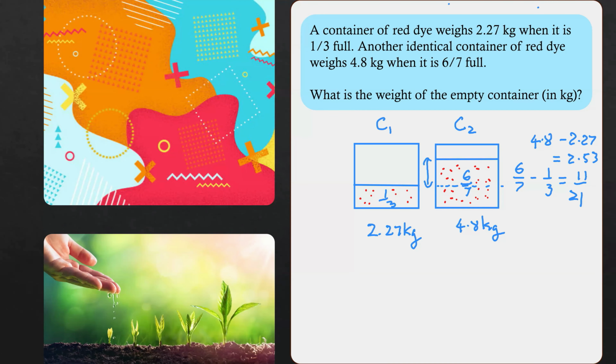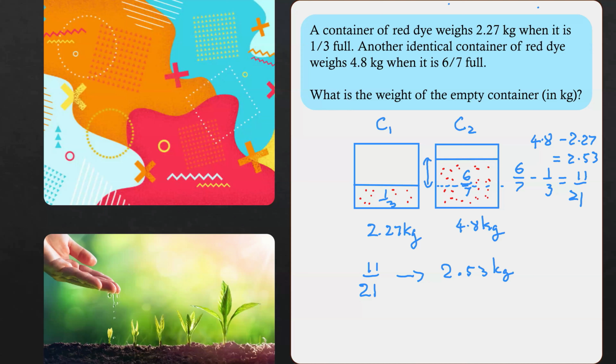So what I can set up is this. 11 out of 21 is the difference in terms of the volume of the paint between the two. Now that match with the difference in terms of weight, which is 2.53 a kilo.